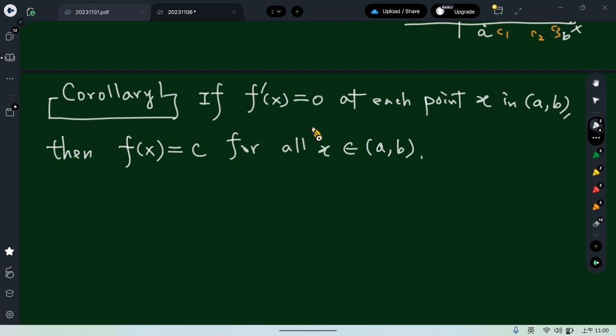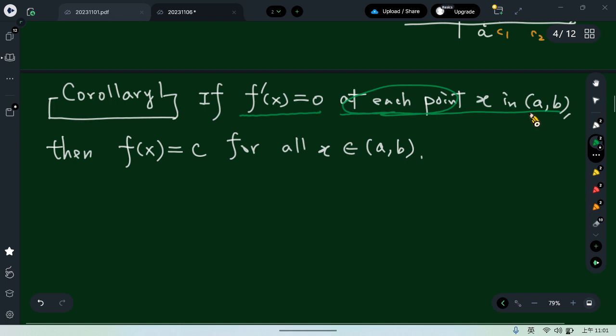So let me repeat the idea again for you, that you just focus on here. If f prime x is 0 at each point, remember at each point, so all points between A and B, its first derivative value is 0.